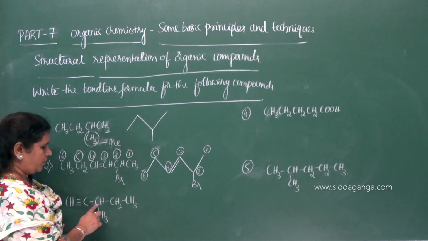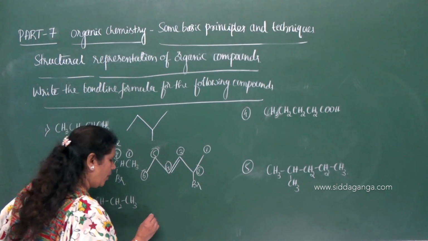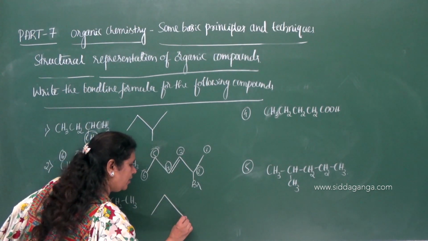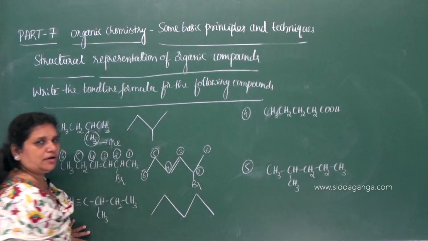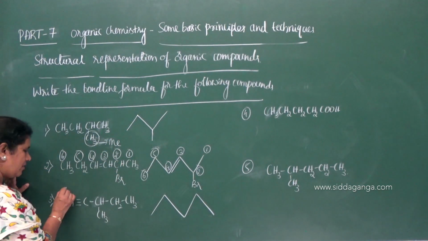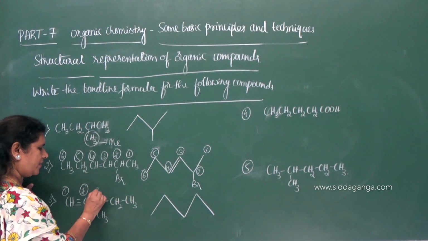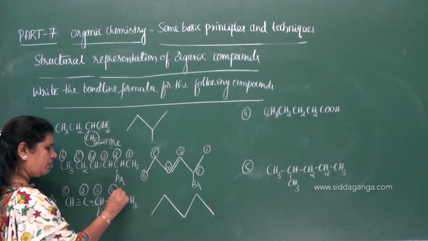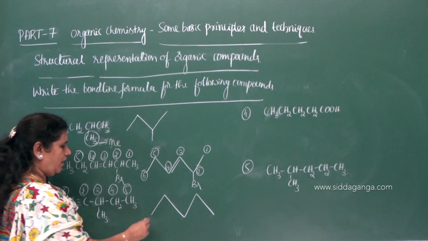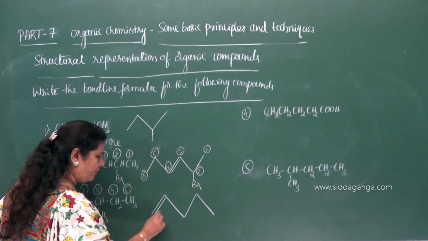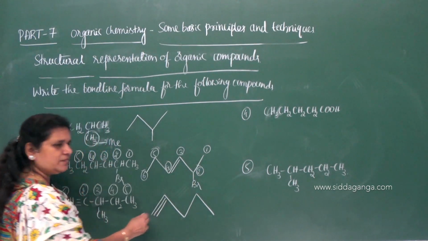So 1, 2, 3, 4, 5. Correct? And this is the first carbon, second carbon, third carbon, fourth carbon, and the fifth carbon. Now here between 1 and 2 we have a triple bond. Correct?